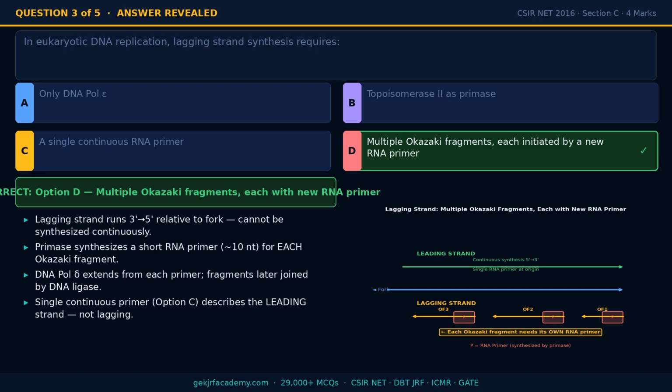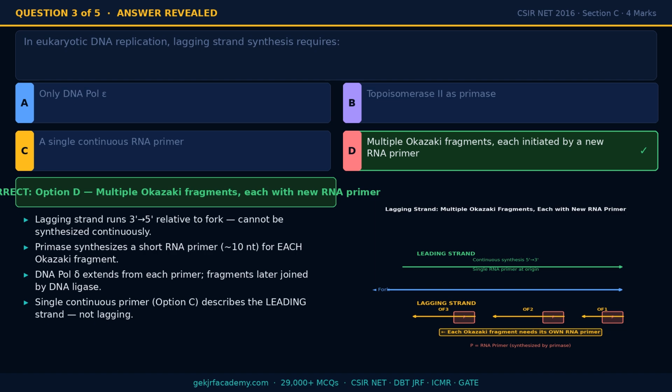The primase enzyme synthesizes a short RNA oligonucleotide, approximately 10 nucleotides, to provide the 3' hydroxyl that DNA polymerase delta needs to begin extending the fragment. After synthesis, the RNA primers are removed by flap endonuclease 1.